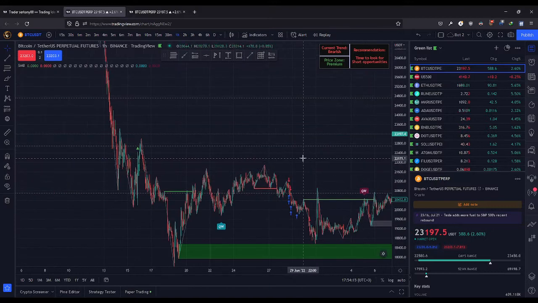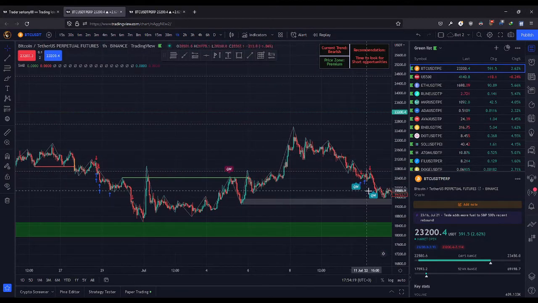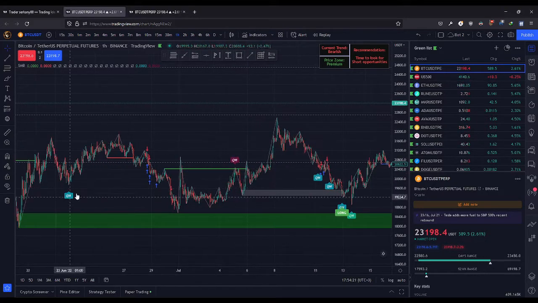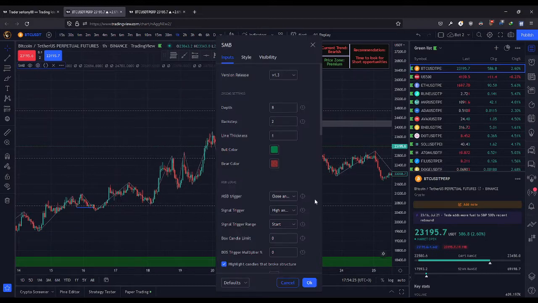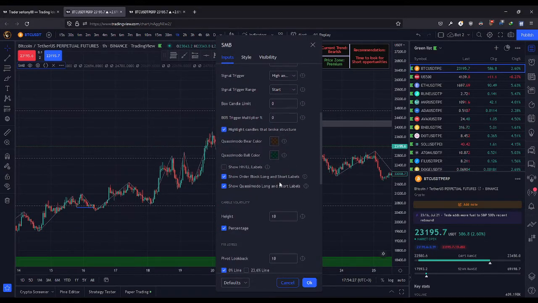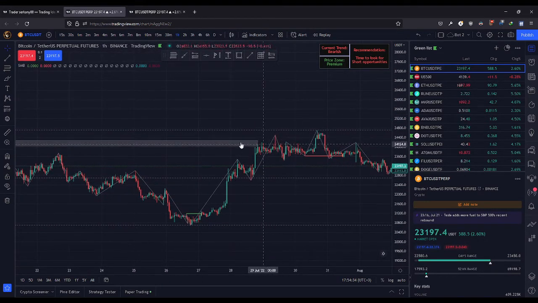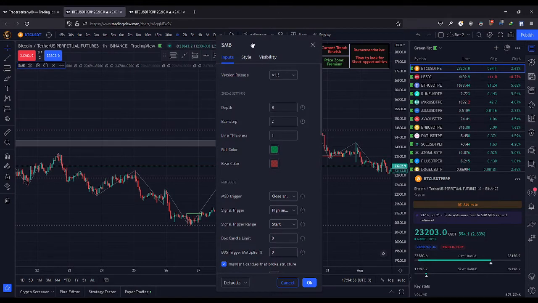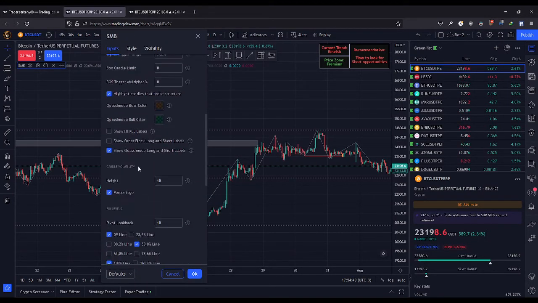But if there's a lot of accumulation going down, a sideways trend, Quasimodo signals can really be useful in those situations. And another thing is that you can show the labels of shorts and longs and disable them if you want. And another one is Quasimodo, like I said.